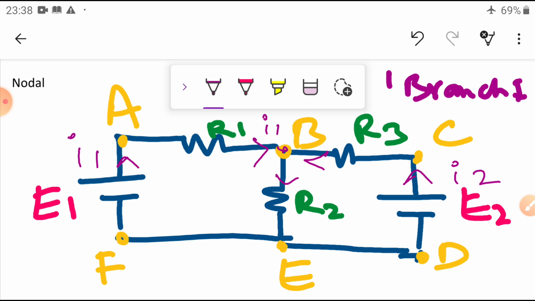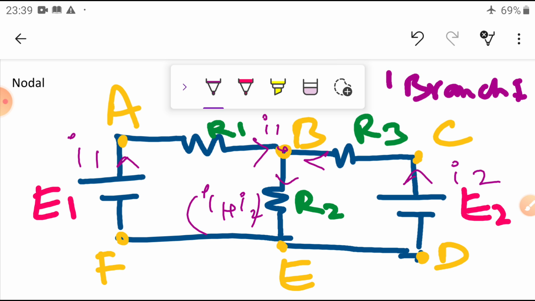So the current across BE is I1 plus I2. That means branch current A to B is I1, branch B to E is I1 plus I2, branch C to B is I2. Here we have two unknowns, I1 and I2, so we can write two equations and solve them to get I1 and I2. This is the branch current method.